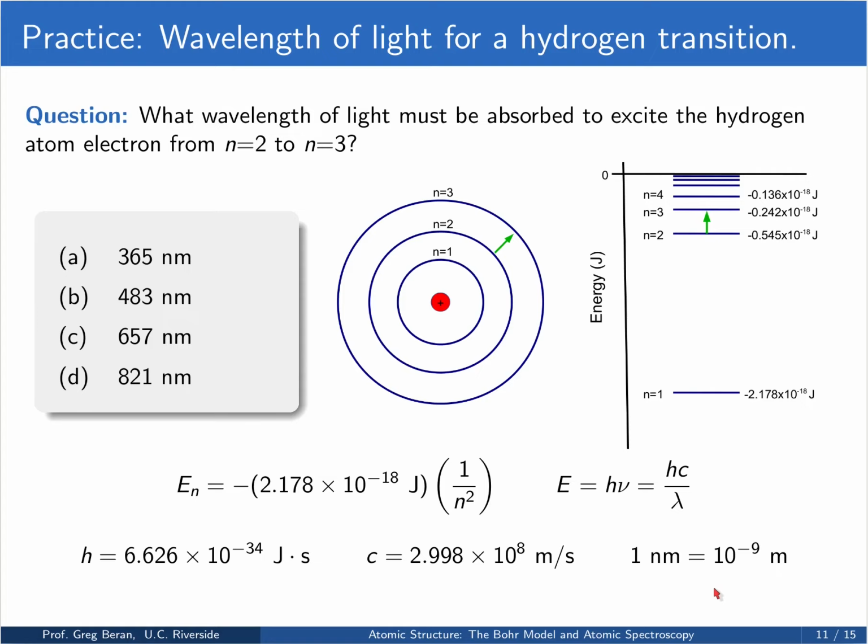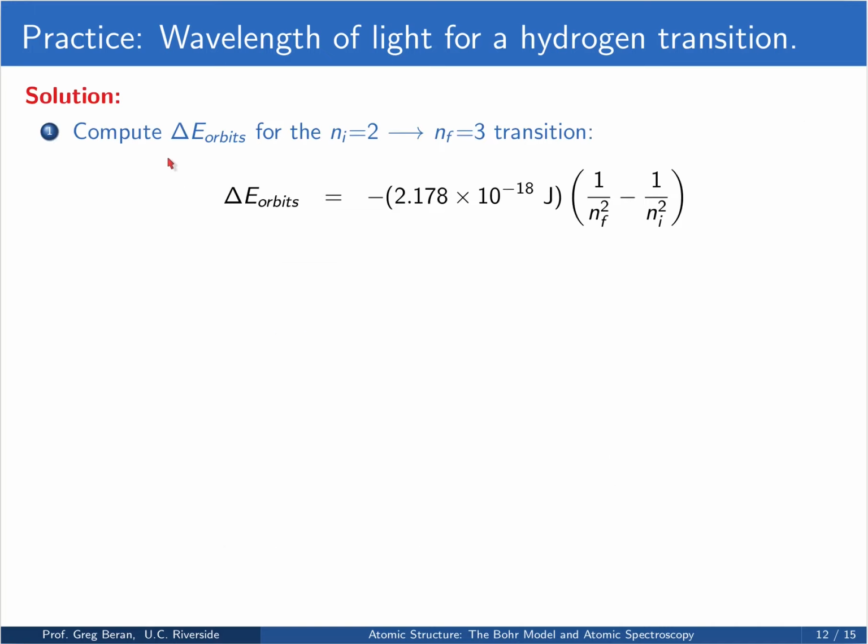Okay, to solve this, again, what we want to do is figure out the energy difference between the two orbits, and then figure out, in this case, the wavelength of light that's associated with that energy difference. So first, I'm going to calculate delta E orbits between the n equals 2 and n equals 3 orbits.